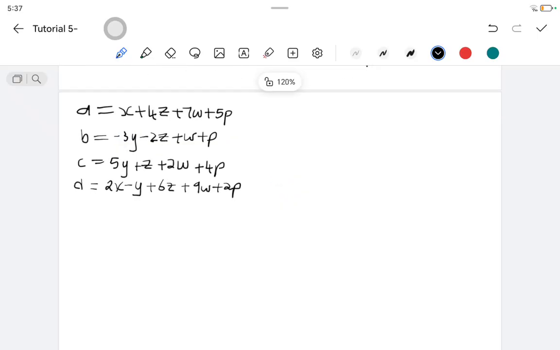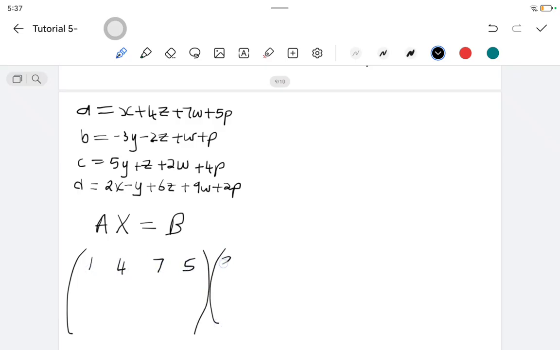So we put this in an augmented form. Remember our form is always like this. And then this will make sure that we confirm everything being correct. So we have 1, 4, 7, 5. Then how many variables do we have? We have x, y after x, then y, z, w, and then p.